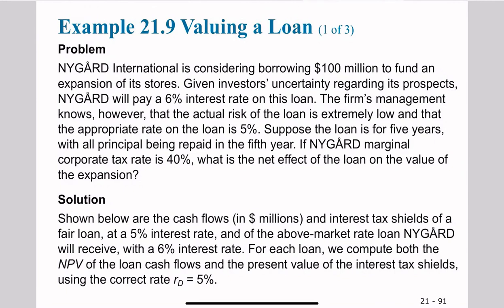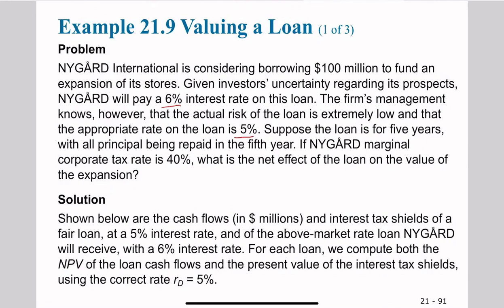And given investors' uncertainty regarding this investment, NIGARD will pay a 6% interest rate on this loan. And the firm believes that the actual risk of this project is actually quite low. So the fair rate, the appropriate rate on the bank loan, is actually 5%.